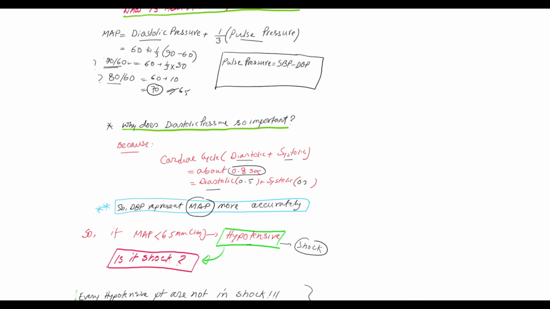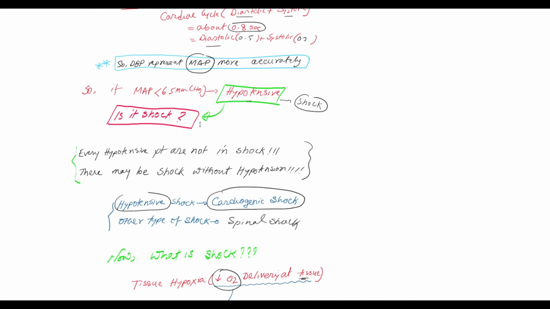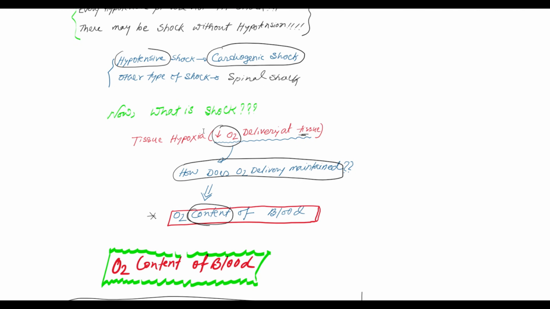So for summary, if you find any patient in your clinical ward with mean arterial pressure less than 65, then you think this is a patient with hypotension. The next question, is the patient in a state of shock? To understand shock, you should know what shock is. Shock means tissue hypoxia, and tissue hypoxia is due to decreased tissue oxygen delivery.